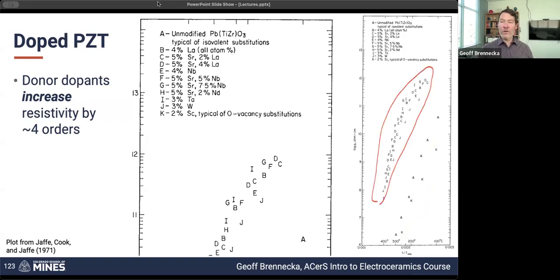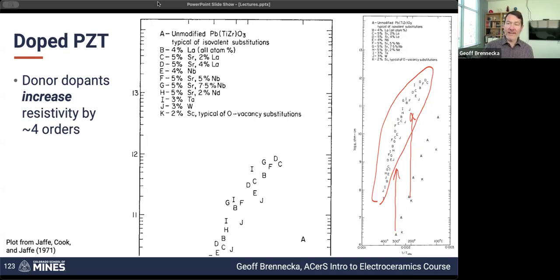It doesn't really matter which one of these donor dopants you put in there, but they all end up giving you a very large increase in resistivity. So at a given temperature, you can get 3, 4, 5 orders of magnitude increase in resistivity by adding a donor dopant. That means you're putting in something that has an extra electron and you're making the sample more resistive. So it's less conductive by a very large amount.